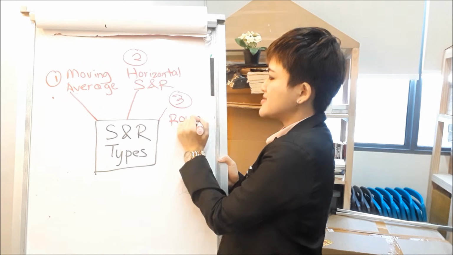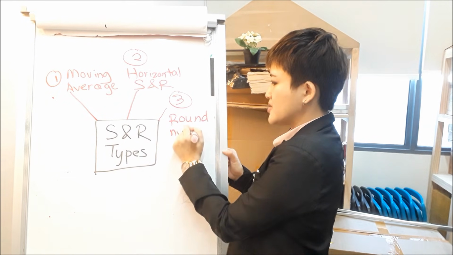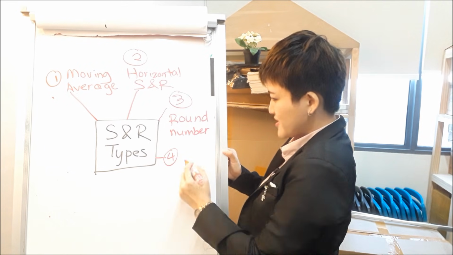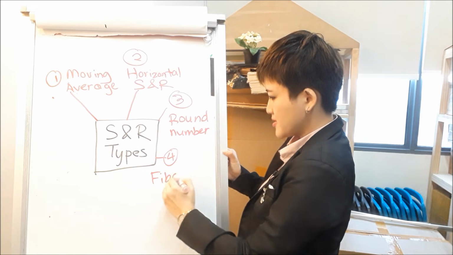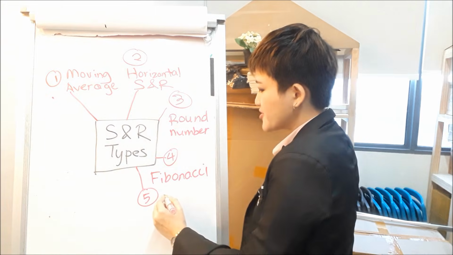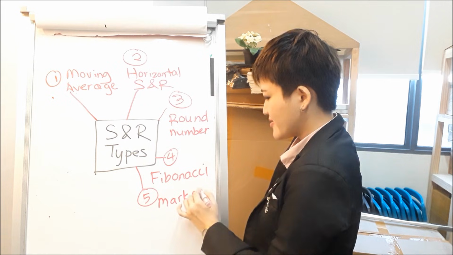Third type, the more invisible ones, round number support resistance. It's not that obvious, that's why you need your glasses. Fourth type, you have Fibonacci. The fifth way you can determine support resistance is also not as obvious, but it's there.